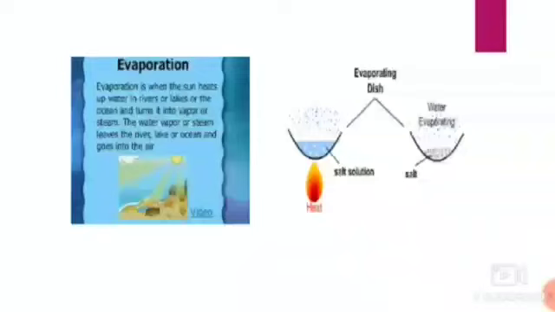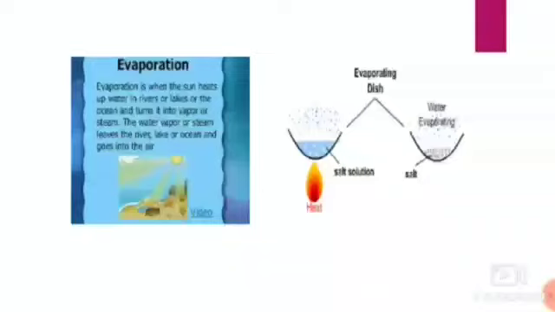So let us understand it with the help of a simple activity. We have mixed salt into water, right? The water will become salty. Salty water, we call it salt solution. We are heating the salt solution using the Bunsen burner by giving a flame, and what we will notice, the water will slowly and gradually evaporate, right?